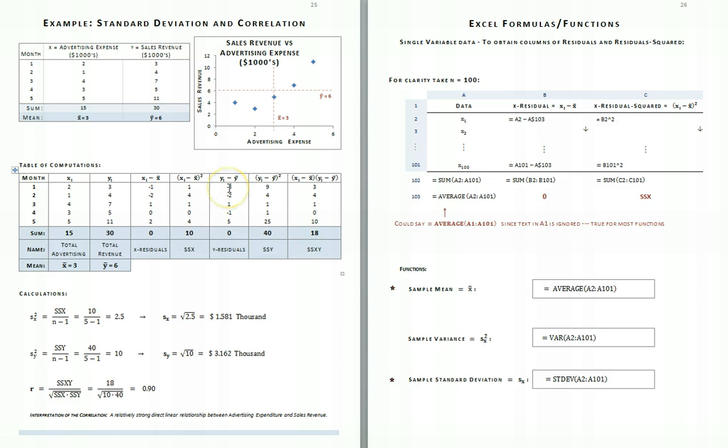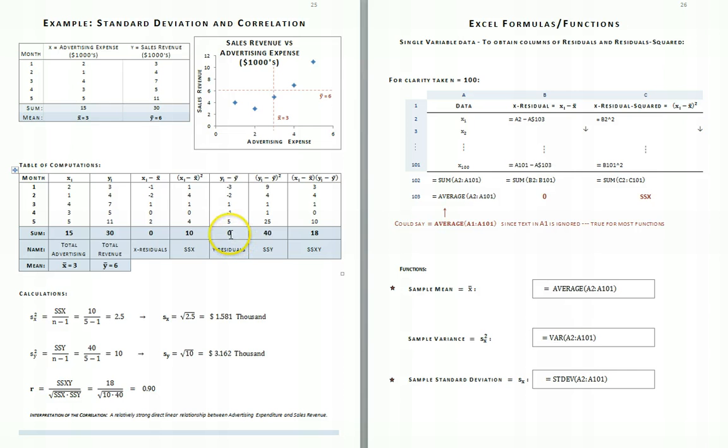Here's the sales revenue residual column, the Y residual column. The first month's sales revenue was $3,000 minus the average monthly sales revenue of $6,000, puts the first month's sales revenue $3,000 below the average monthly sales revenue, and so forth.